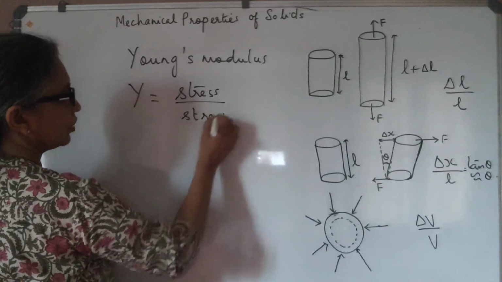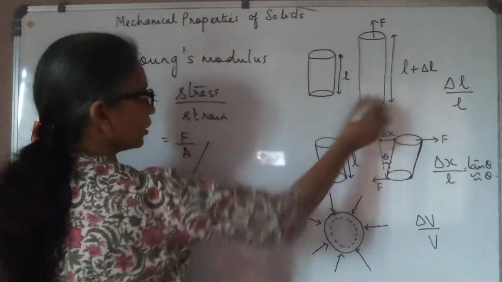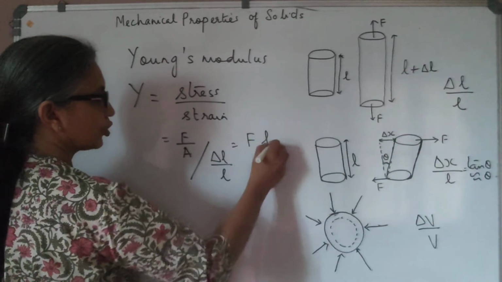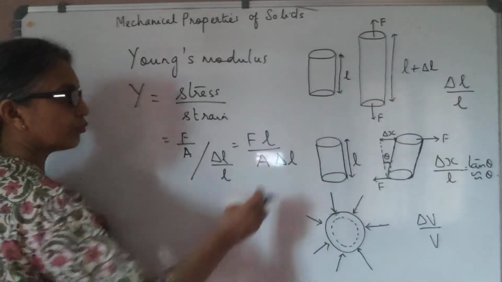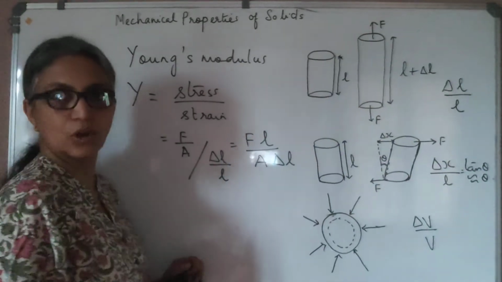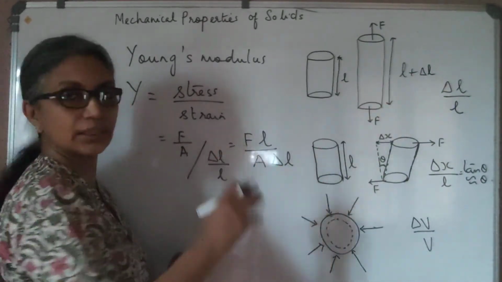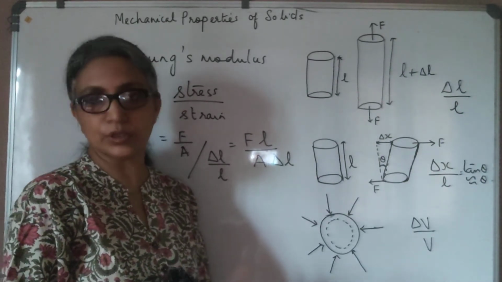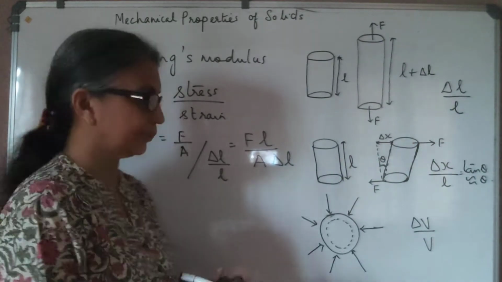So in the first case, stress was F by A divided by the strain, delta L by L, or this is F into L by A delta L, where F is the force applied, L is the original length, A is the area of cross section, and delta L is the increase in length when a force is applied. And Young's modulus has the same unit as the modulus of elasticity, which is Newton per meter square or Pascal.